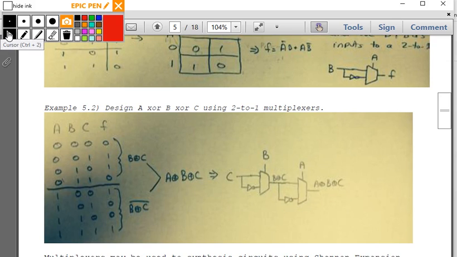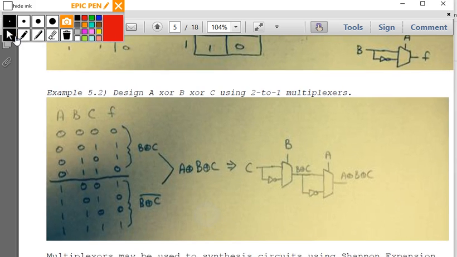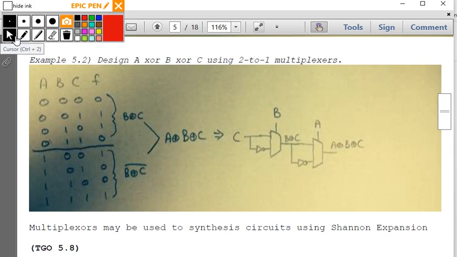So here's what we have. We have our logic truth table. Let me zoom in a little more so that it's clear to everybody in the class. All right, so what you can do is you can break this in half, and you can see that this is our XOR, right? If we have this for B and C, it's our normal XOR, 0, 1, 1, 0.